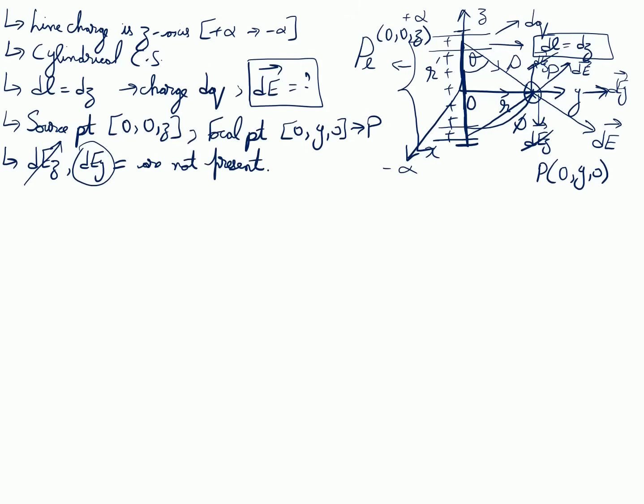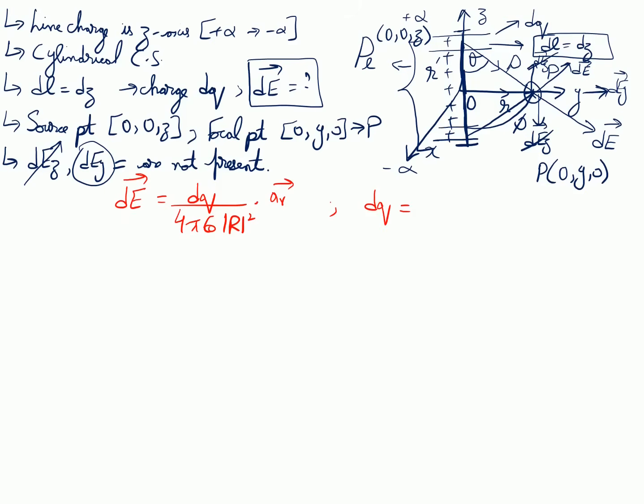We know that the differential electric field for a point charge comes out to be dq divided by 4 pi epsilon naught into the absolute of r squared, with the unit vector a of r. This is our basic equation.